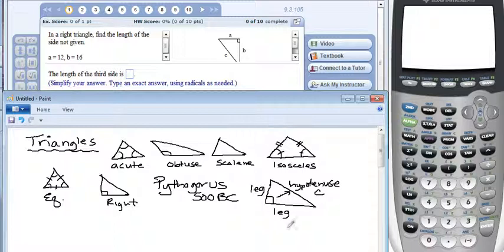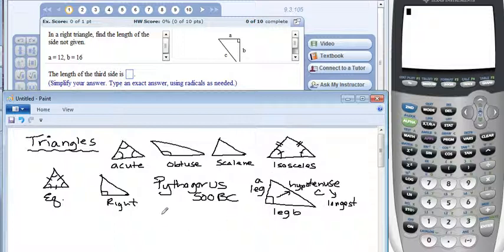It doesn't matter which is which. This is the most important one, that the hypotenuse is always the angled side, and it sits across from the 90. So we'll call these A and B, leg A and leg B. Just so you know, the hypotenuse is always the longest in length. This side is always longer than those two.